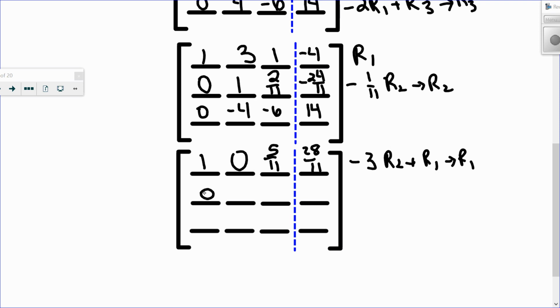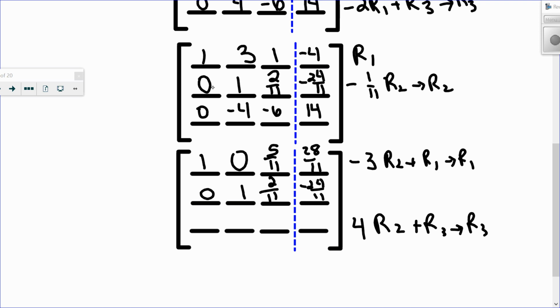Okay, I'm going to leave row 2 as itself, 2 over 11, -24 over 11. And then I'm going to do 4 times row 2, add on to row 3, and put it into row 3.